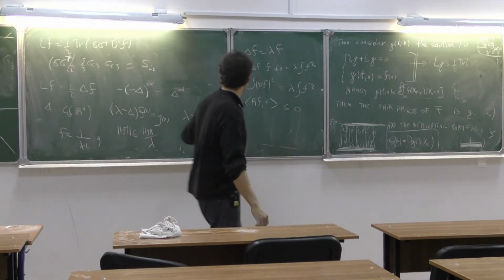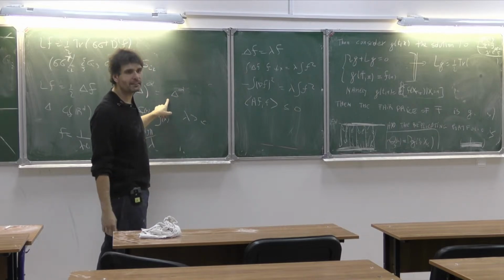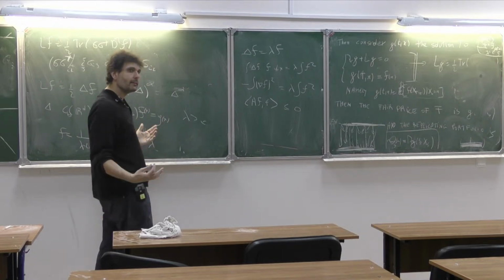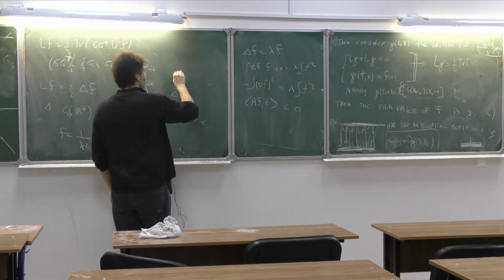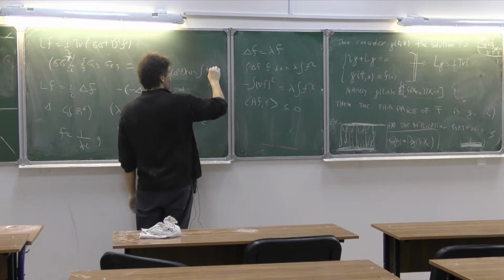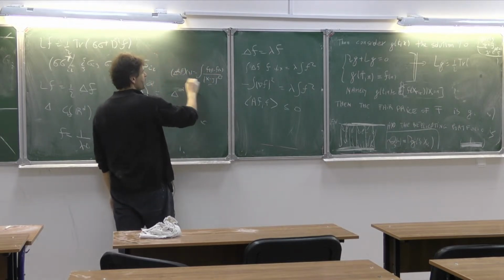Just this operator is not local. This is not a derivative. The Laplacian to the half in one dimension is not one derivative. It's a non-local operator. So Laplacian to the half of a function f at the point x is something like the integral of f of y minus f of x divided by x minus y to some power that depends on alpha and on the dimension, dy.